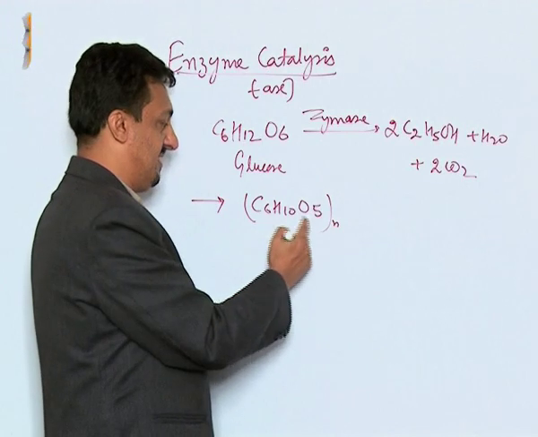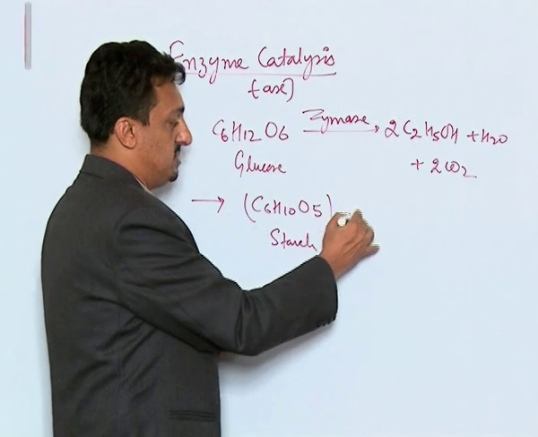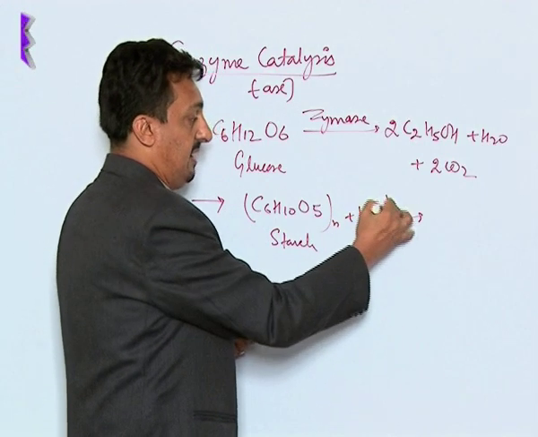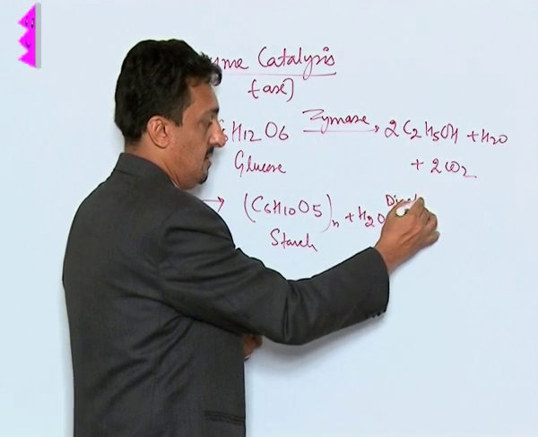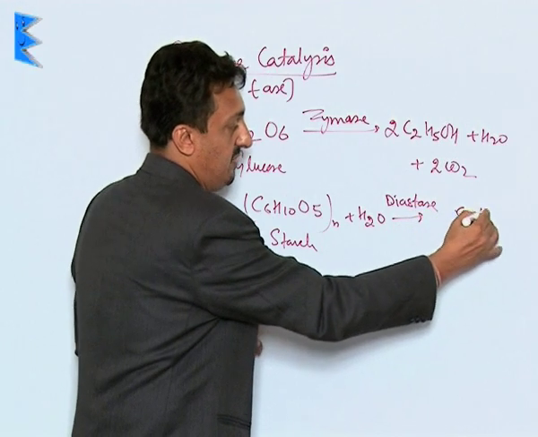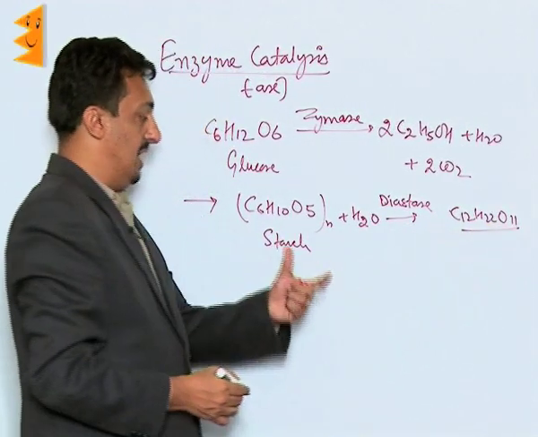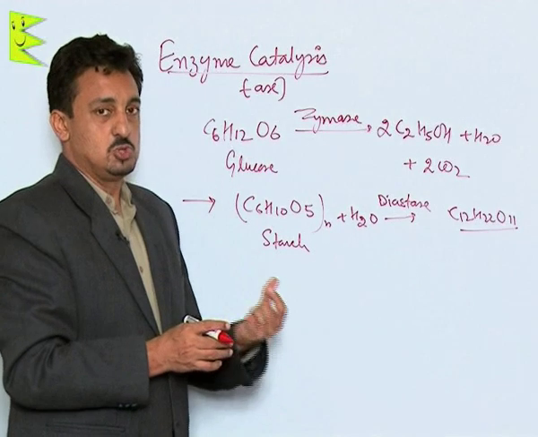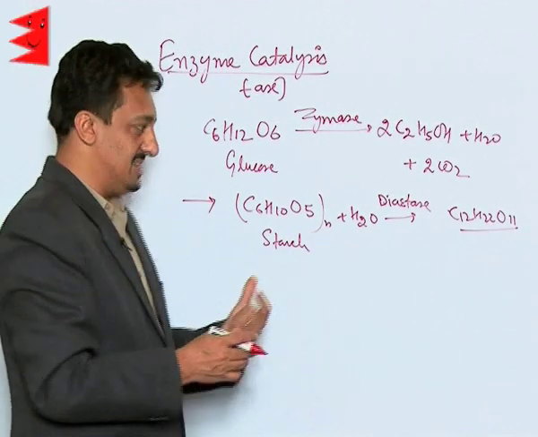When starch combines with water in the presence of an enzyme called diastase, it is broken down into C12H22O11, which is maltose, a disaccharide.